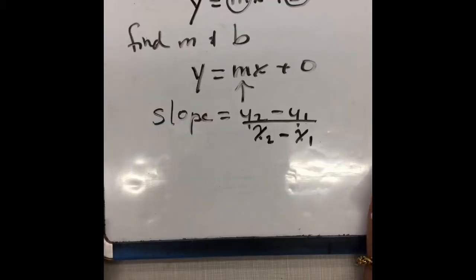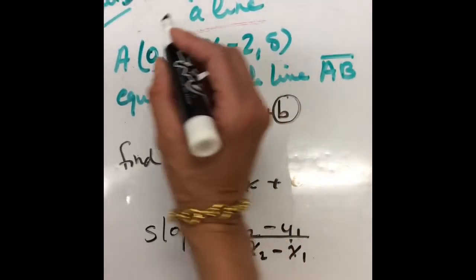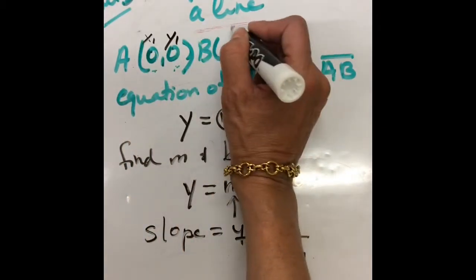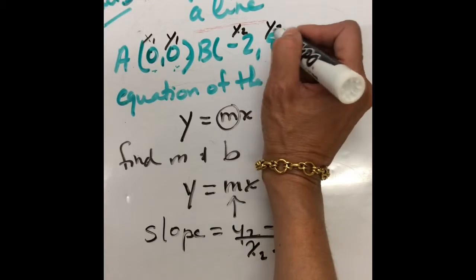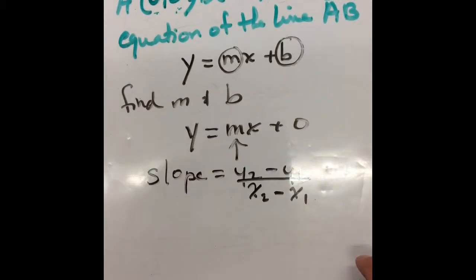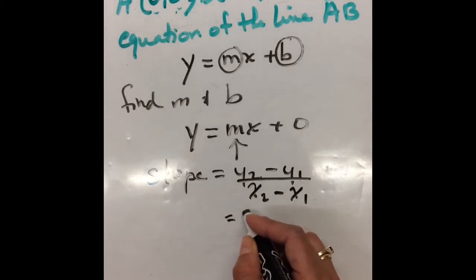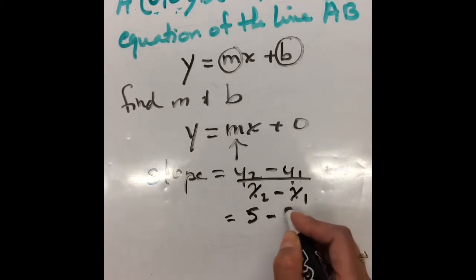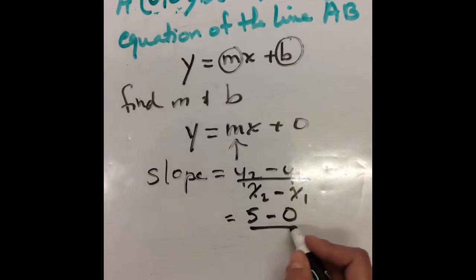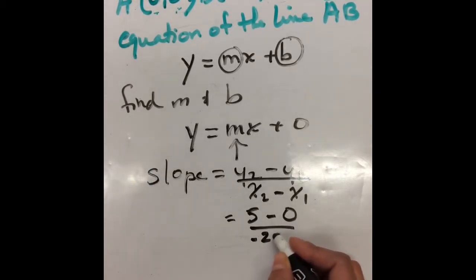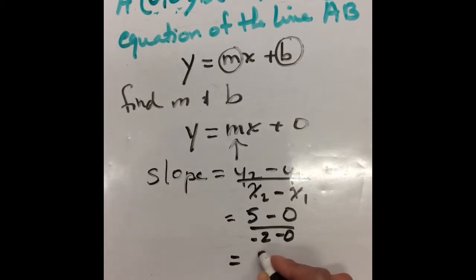In this case, let's call these x1, y1, x2, and y2. I'll plug them in, and what I will have is 5 minus 0 over negative 2 minus 0. Therefore, the slope is 5 over negative 2.